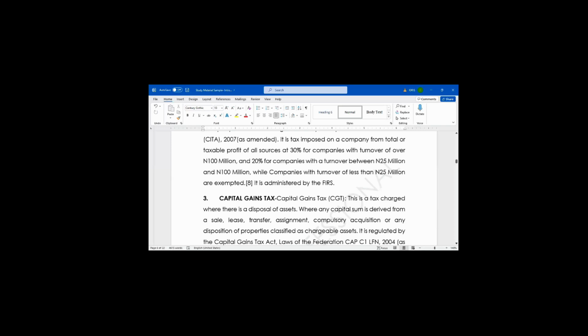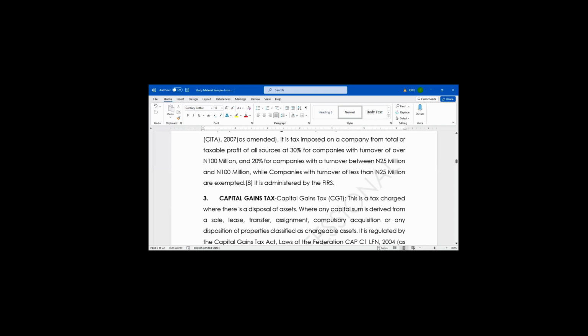Capital gain tax is the tax imposed on gain arising from disposal of fixed assets.